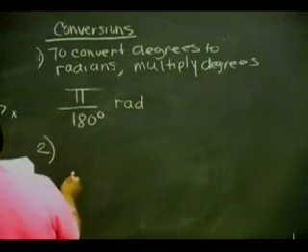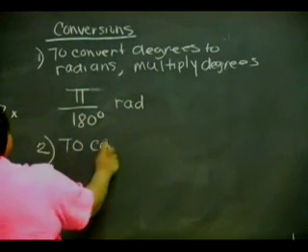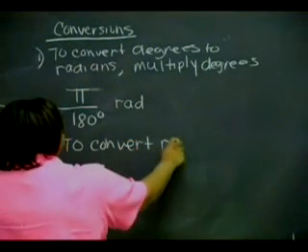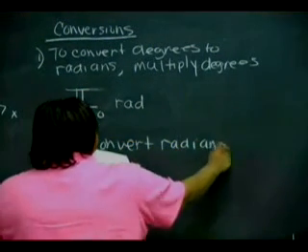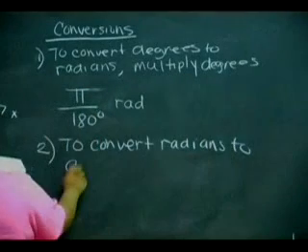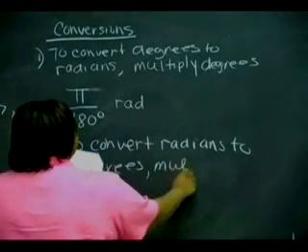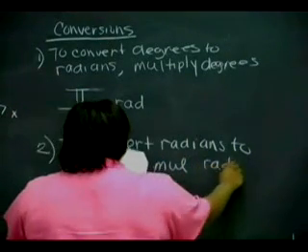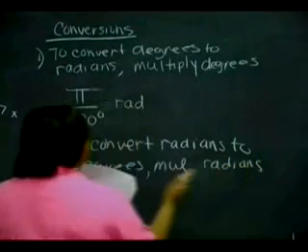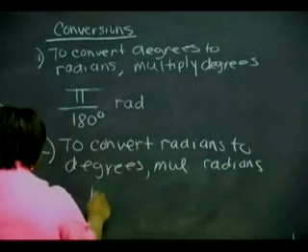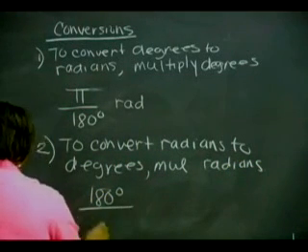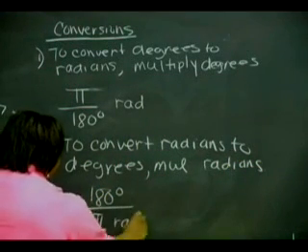To convert radians to degrees, we're going to multiply the radian measure by 180 degrees over pi radians.